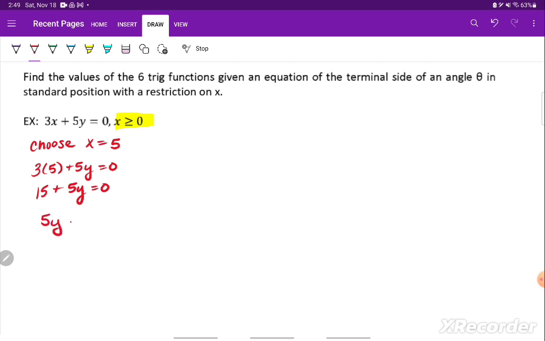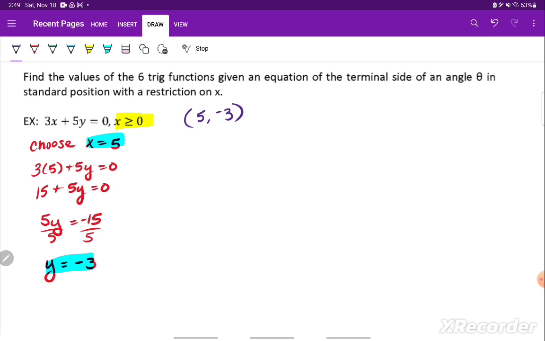So 5y equals negative 15, making y equal negative 3. So here's our ordered pair, 5, negative 3.